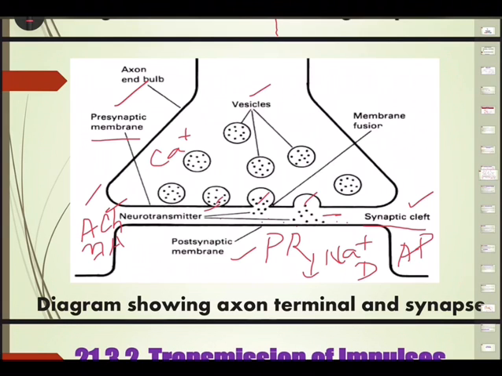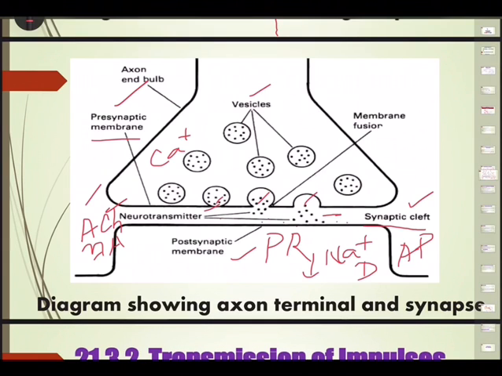So generation and conduction of nerve impulse takes place in two forms. One is through nerves, through neurons, and the second is through chemical conduction of nerve impulse.